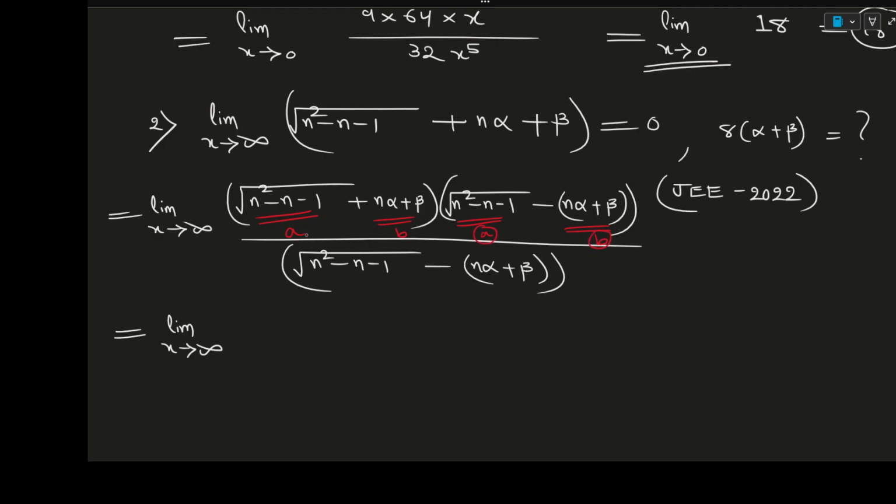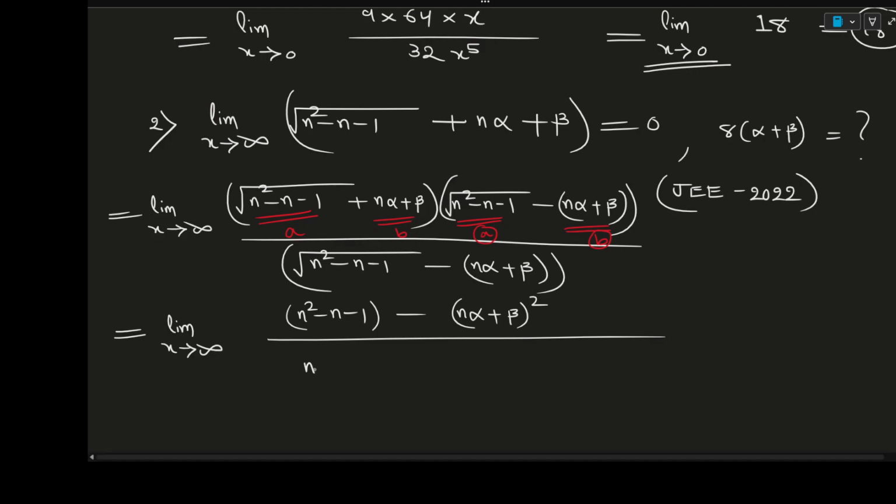Okay, so it is a plus b into a minus b, so I can apply here a square minus b square, so it will be n square minus n minus 1. Okay, so it will be n alpha plus beta square.